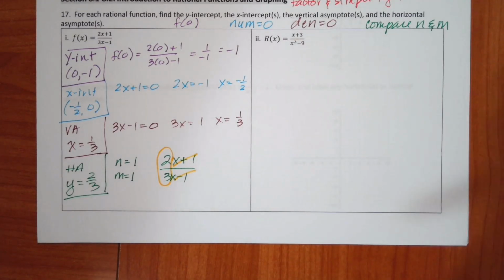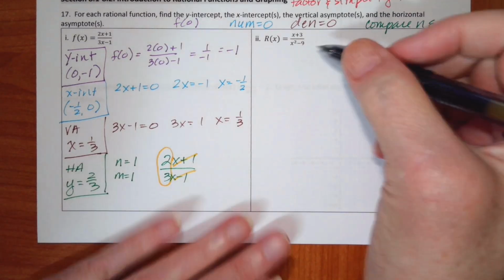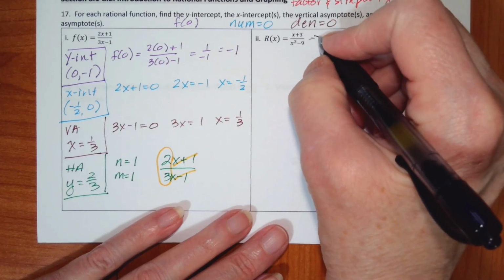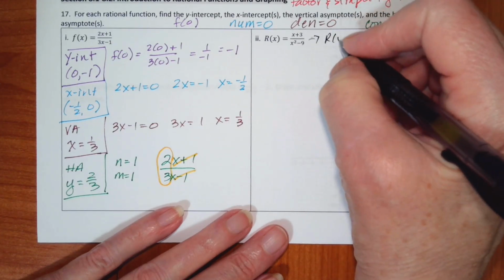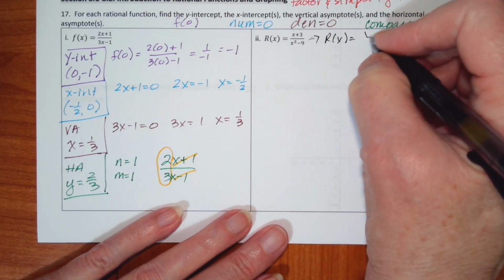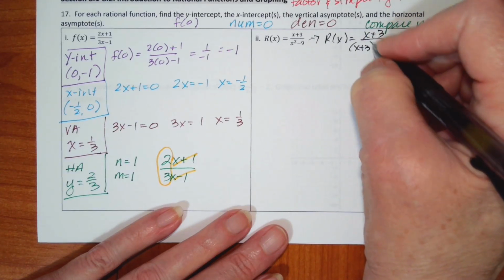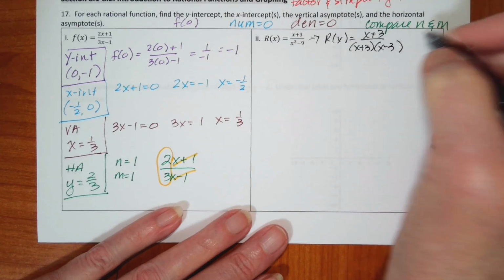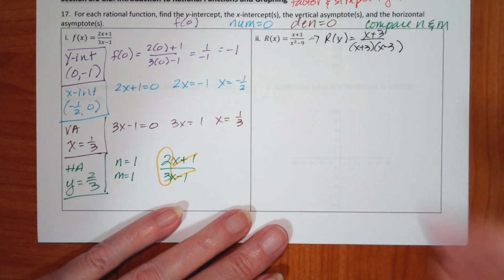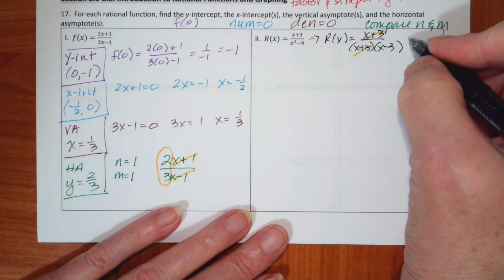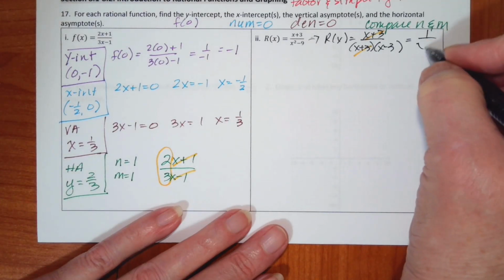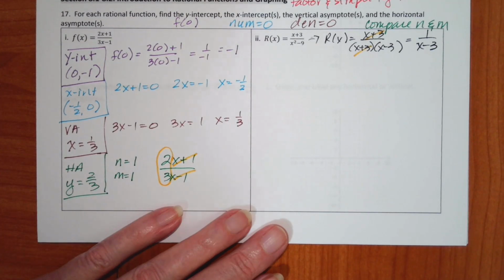Okay, so for r of x, well, this can be simplified. This is r of x equal to x plus 3 divided by x plus 3 times x minus 3. This cancels out, so what I'm looking at is 1 over x minus 3.